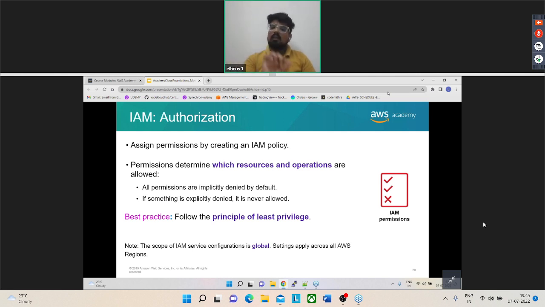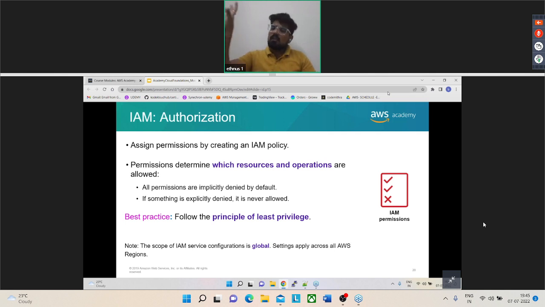But since I have written an explicit deny inside our policy, even if that admin tries to give her EC2 permission, she won't be able to access EC2, because when you are explicitly denying something, it takes precedence, the upper hand over the allow.